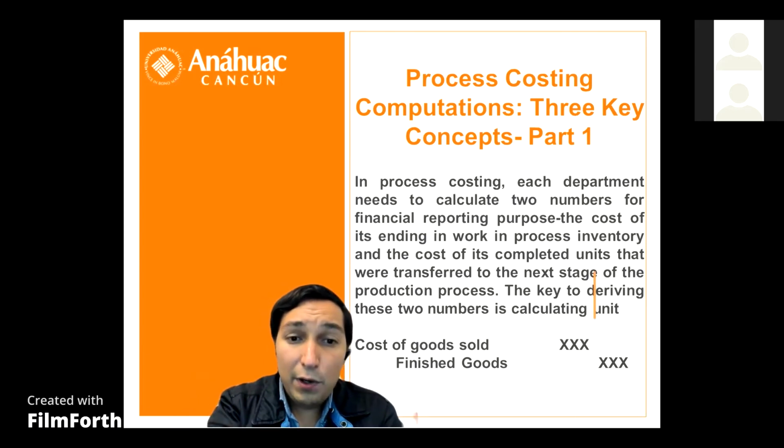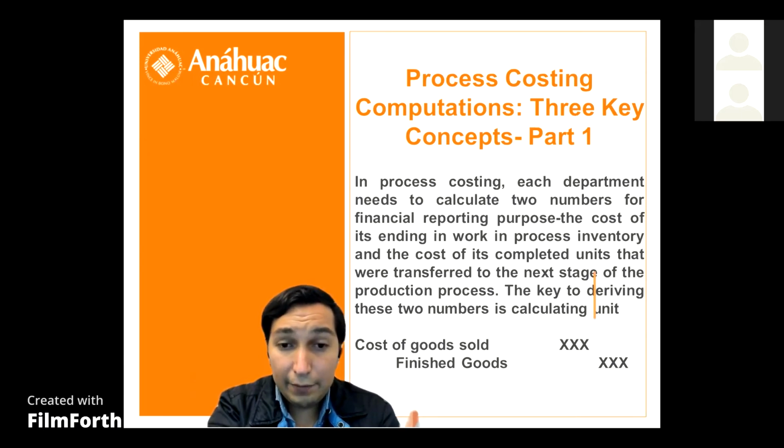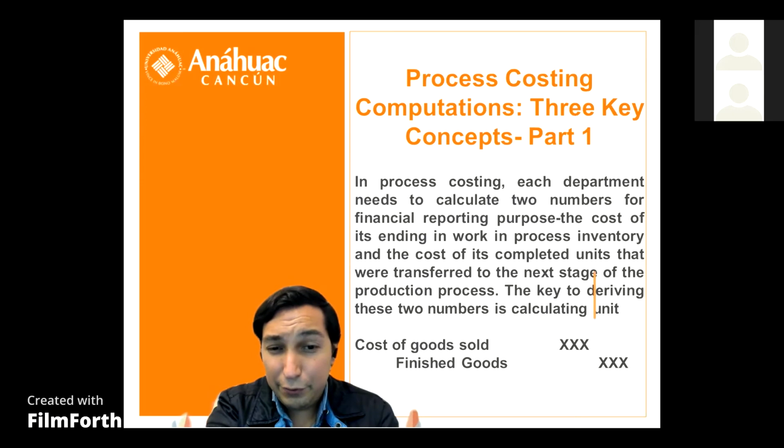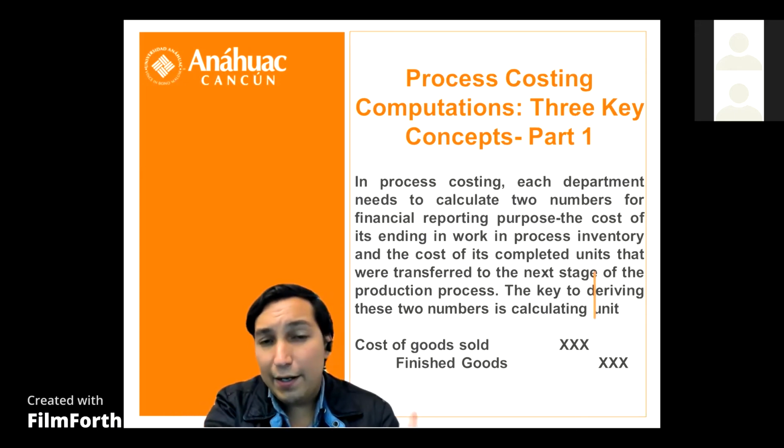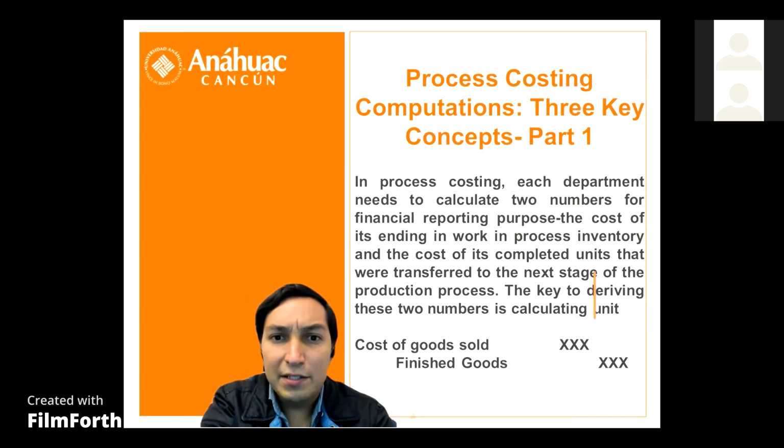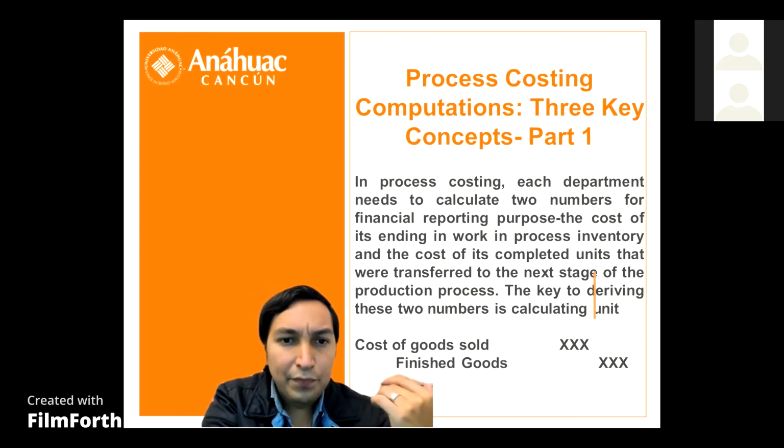Okay, the weighted average method and the FIFO method. Have you heard of the FIFO method? Well, I can tell you the characteristics of the weighted average method: it makes no distinction between work done in prior or current periods.